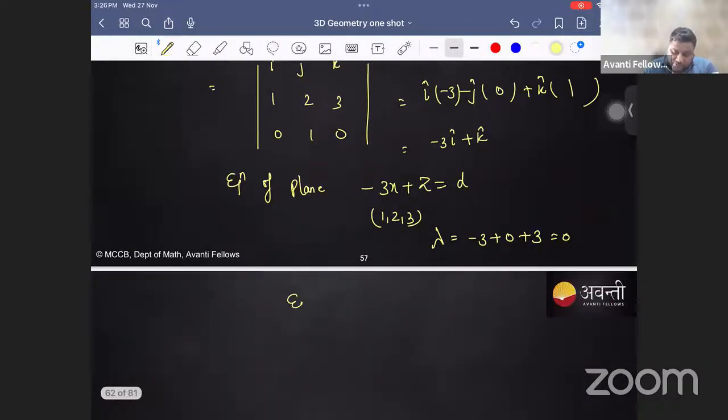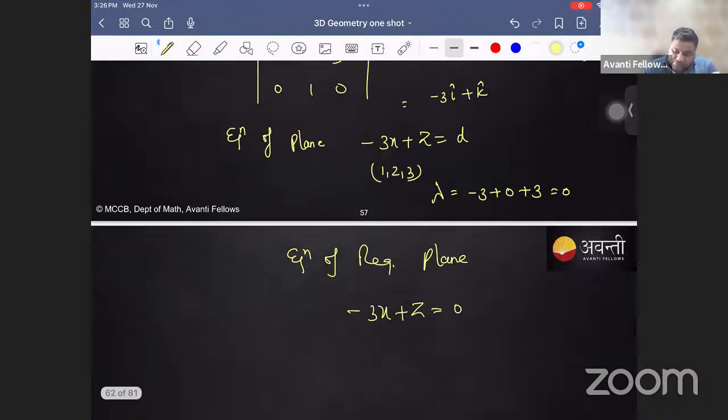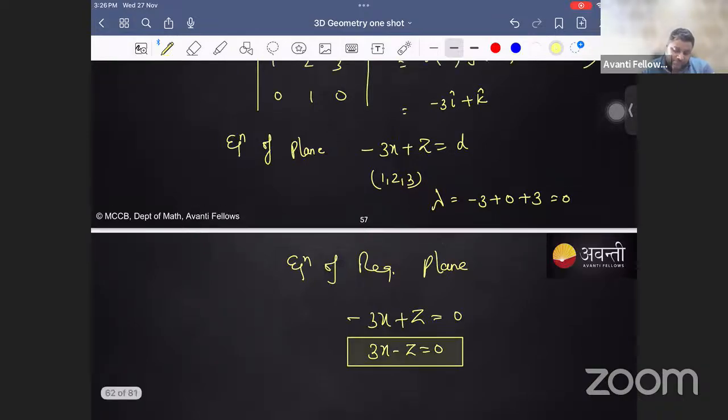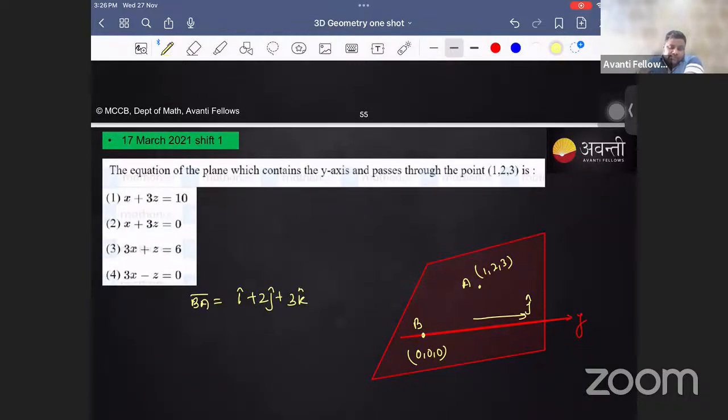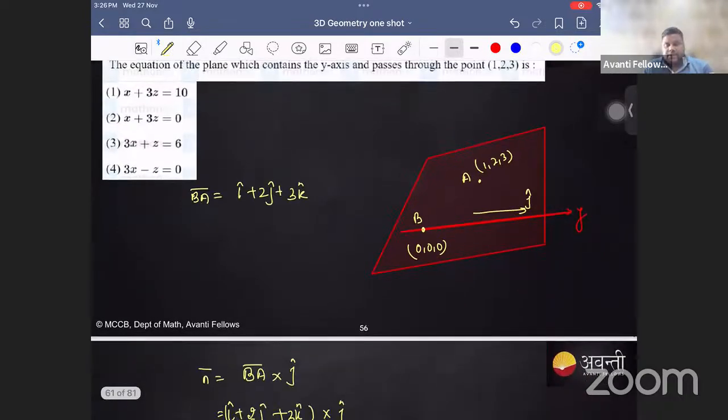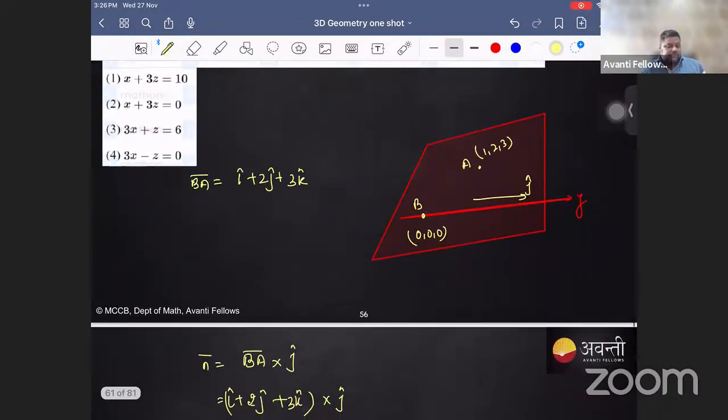So the equation of the required plane is minus 3x plus z equals 0. So 3x minus z equals 0. That's it. 3x minus z equals 0. Got it? Have a look. Very simple question came.